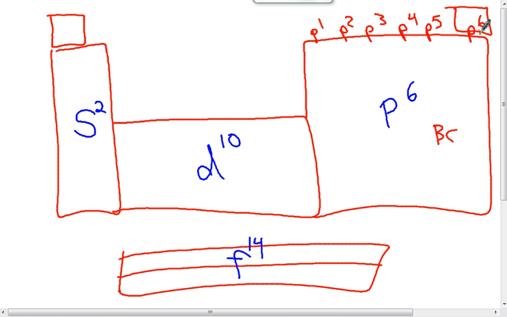Starting with helium, how far down is bromine? 4. So bromine, let me get this straight, is 4p5. It's 4 layers down, 5 over in that section. Isn't it? It's all hidden right there in front of you.